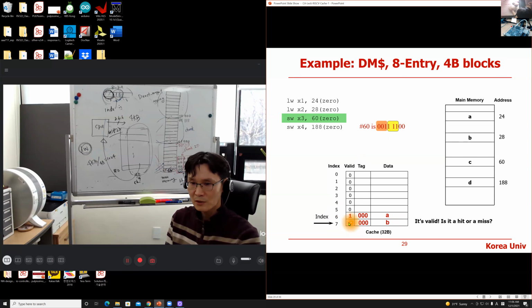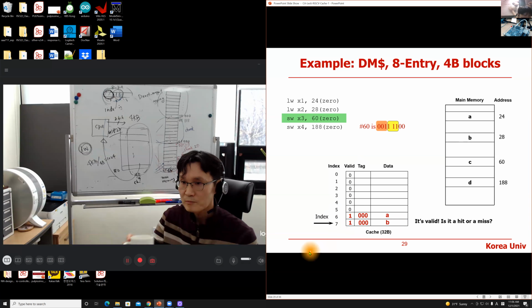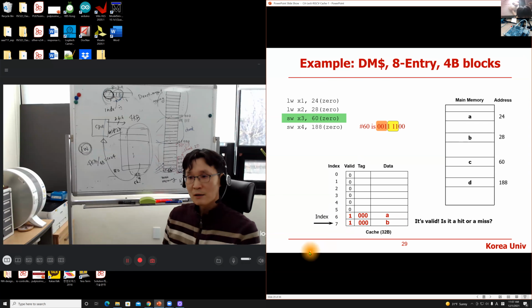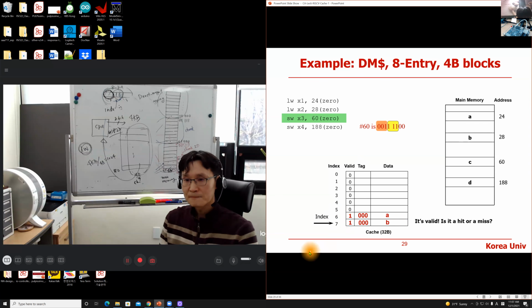That cache entry is valid, right? So then, is it hit or miss? Miss. Why miss? Because the chunk ID is different.